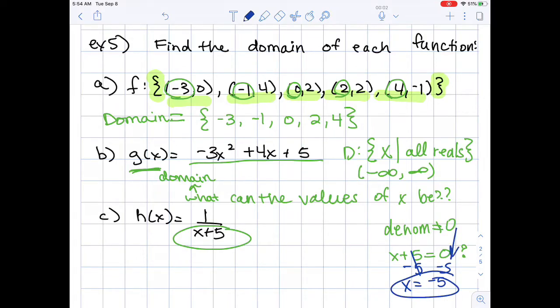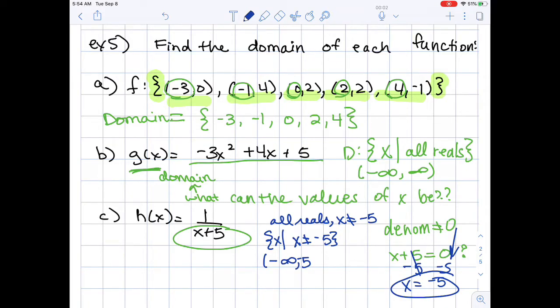So we say, okay, that the set of this is that it's going to be all reals, but x cannot equal -5. Or we can say in set notation, the set of x such that x does not equal -5. Or in interval notation, going from -infinity up to -5, we would have to stop.